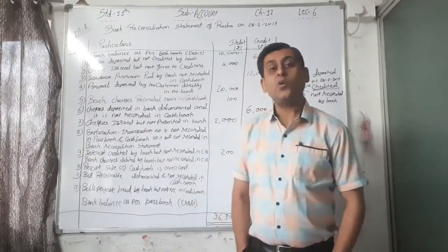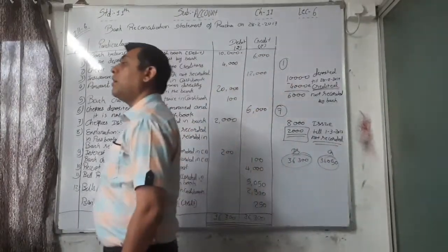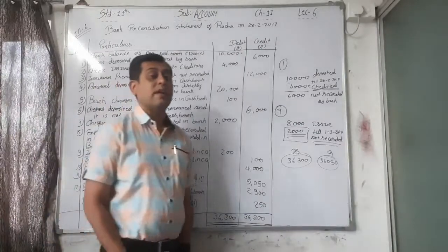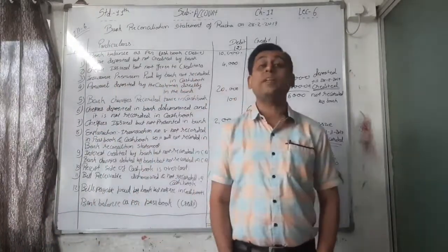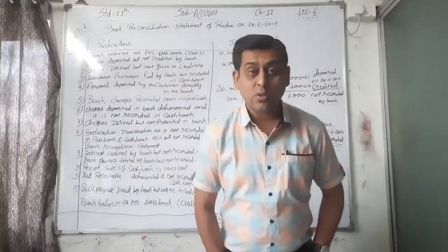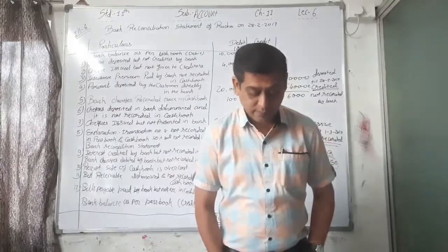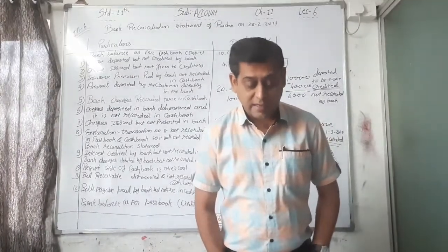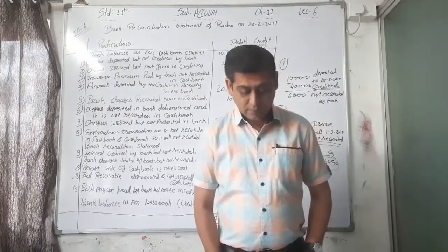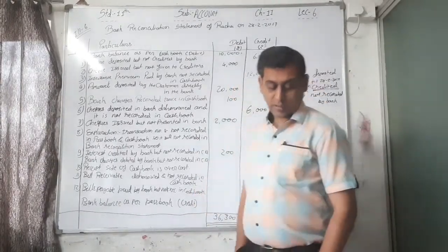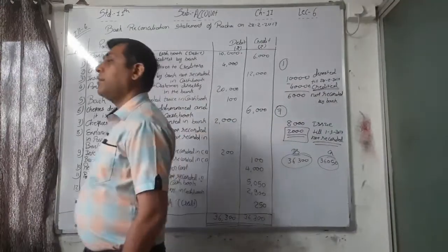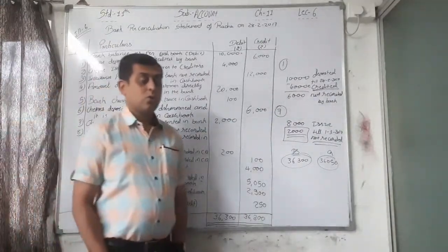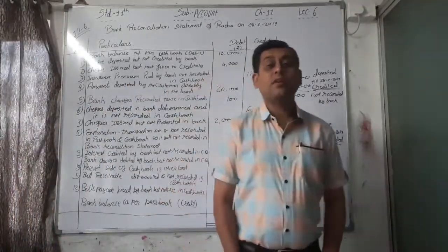Undercast same side, overcast opposite side. Here undercast is there, that's why same side. Same side means receipt side, and receipt side means debit side. So in point number seven, write down DR, debit, 2,000.